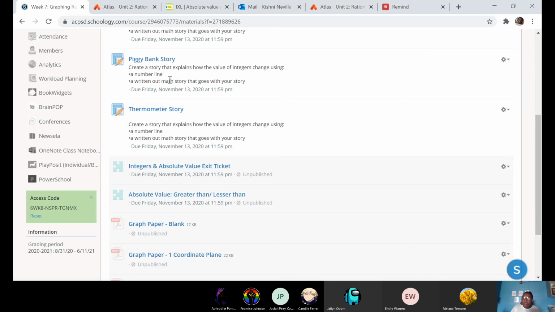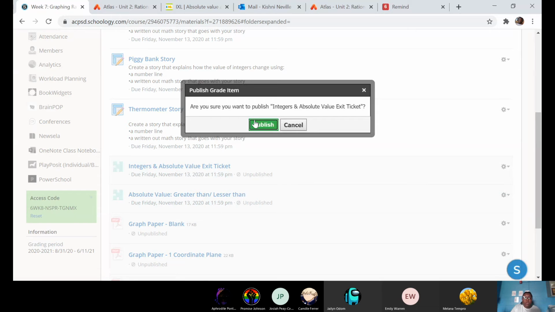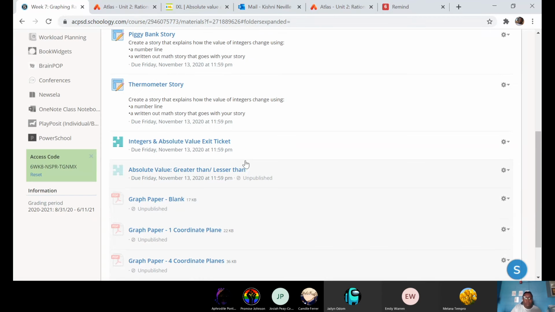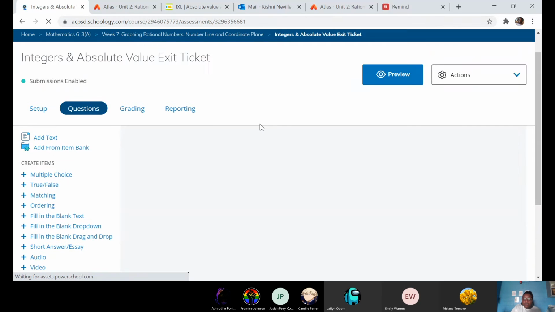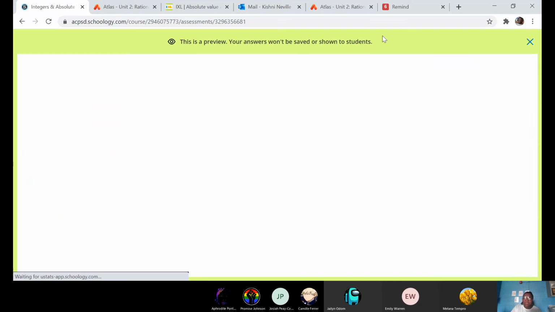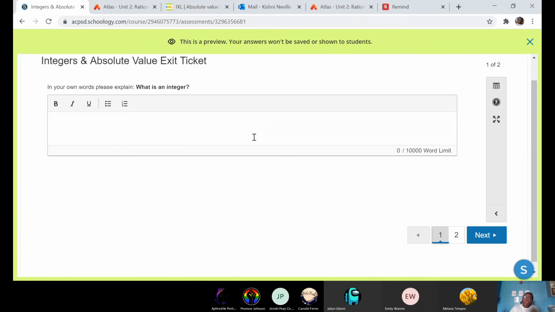So after you've submitted your story, you're going to want to complete your integers and absolute value exit ticket. There's 2 questions here where you have to type in your answers using complete sentences. You only get 1 attempt, so take your time with these answers and really show me what you know here.